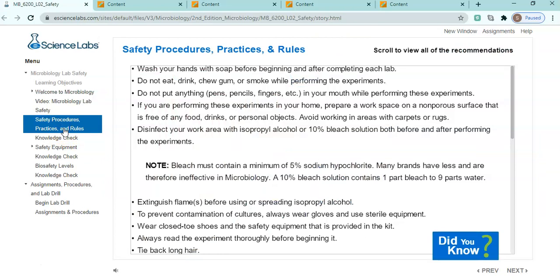What are some of the do's and don'ts when working with microorganisms? Also, make sure that you're familiar with things like the materials that we use, such as bleach, to disinfect not only your work area, but also to destroy used samples.